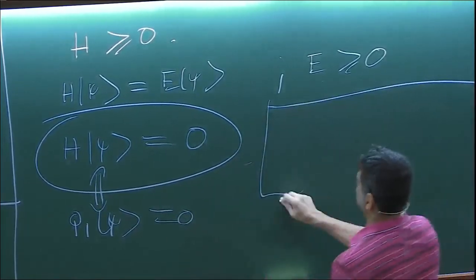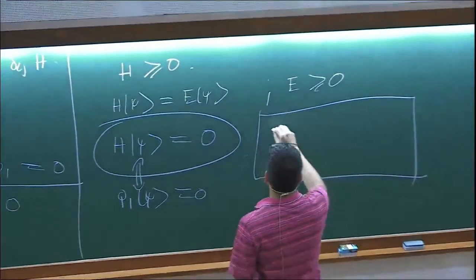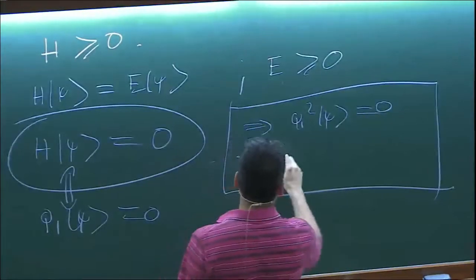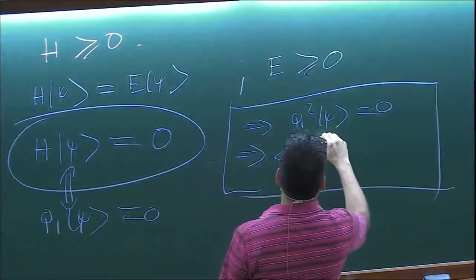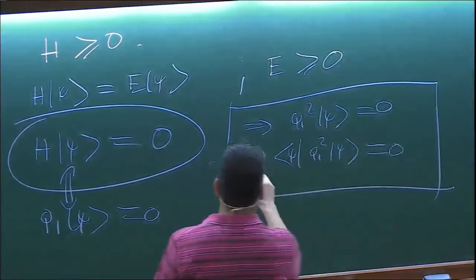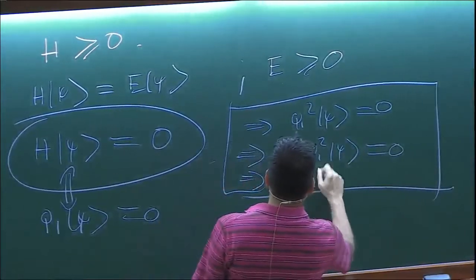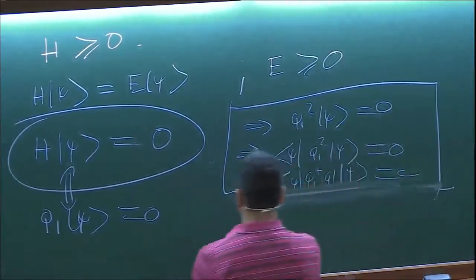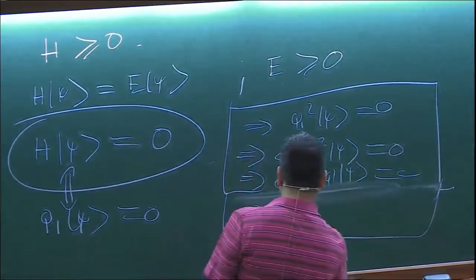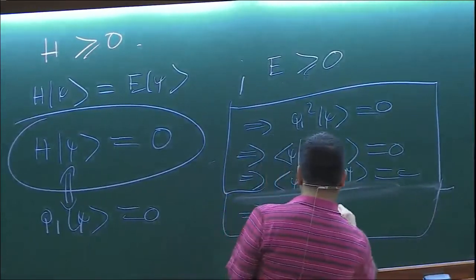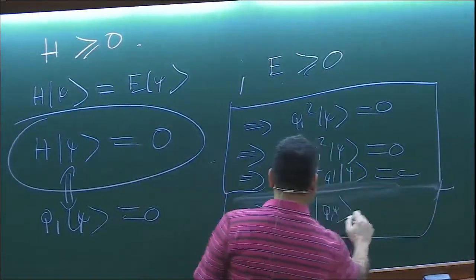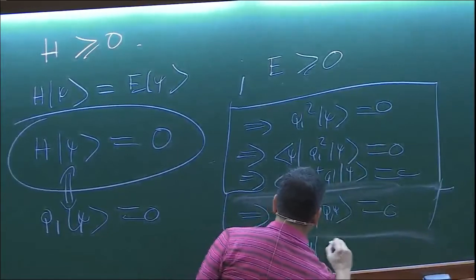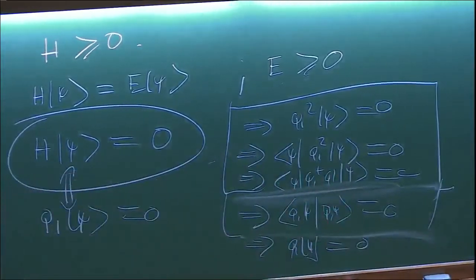So this is a little box. Suppose H on psi is equal to 0, then that implies Q1 squared on psi is equal to 0, which implies that psi Q1 squared psi is equal to 0, which implies that psi Q1 dagger Q1 psi is equal to 0, which implies that Q1 psi has zero norm. These are standard manipulations.